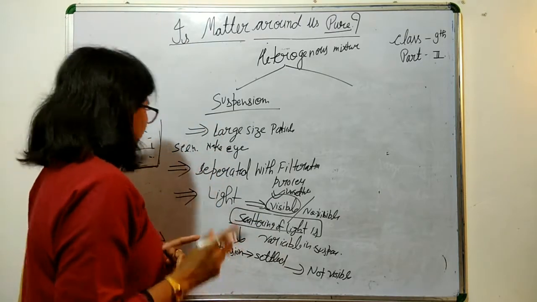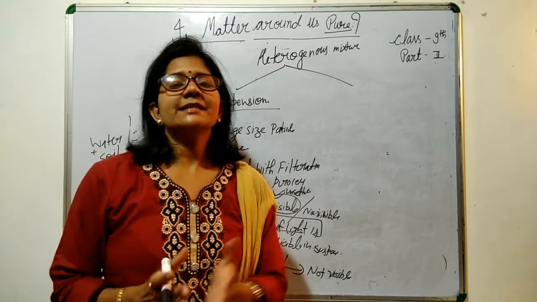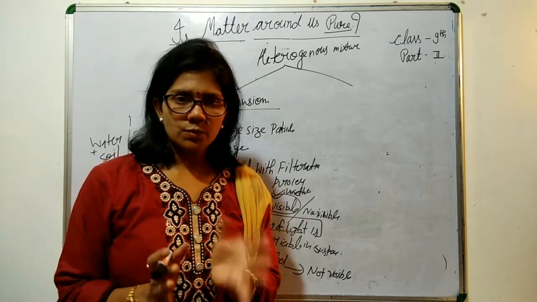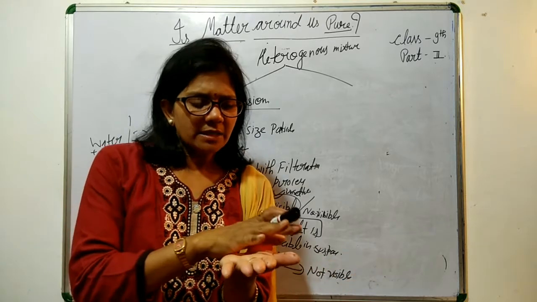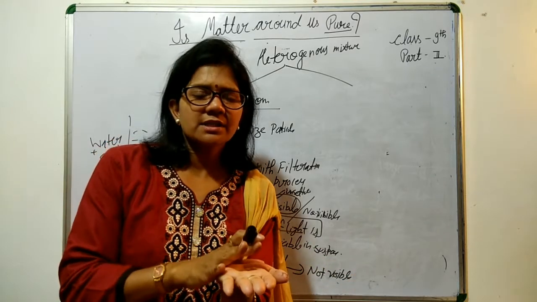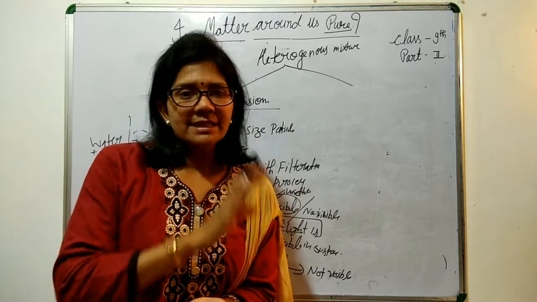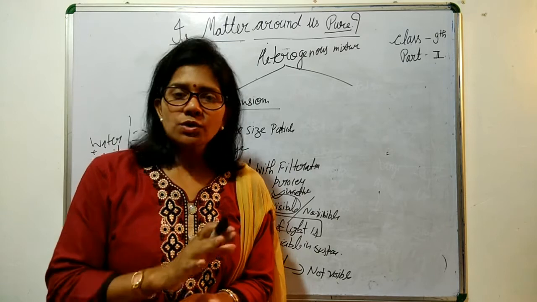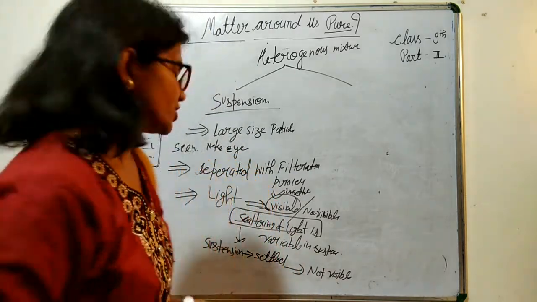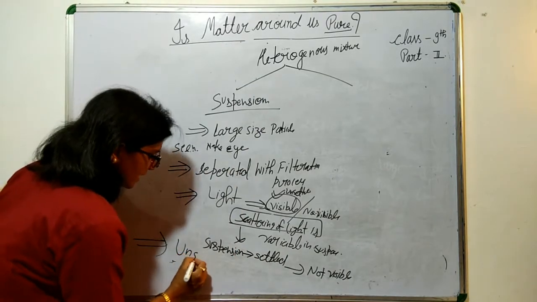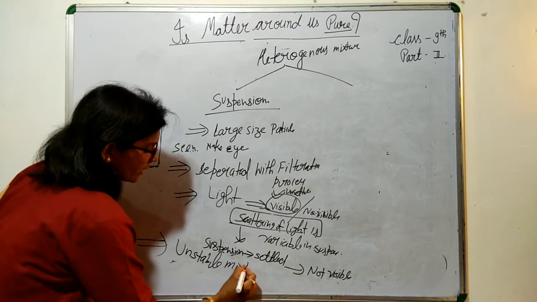One more important thing: when we allowed it to stand without disturbing it, it settled, which means before this it was not settled. So this suspension is known as an unstable mixture.